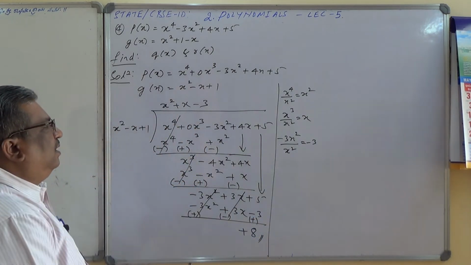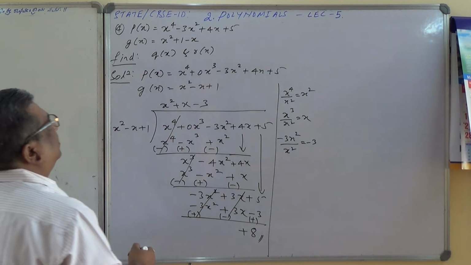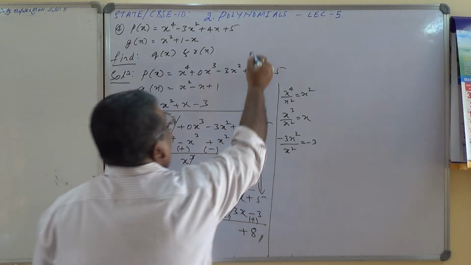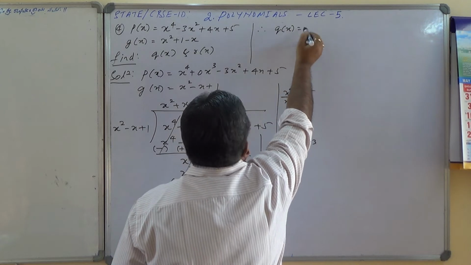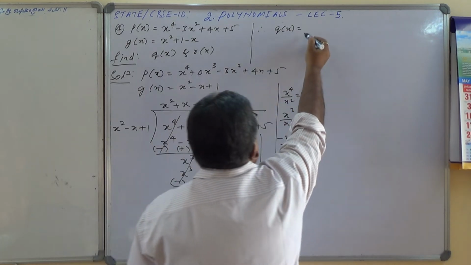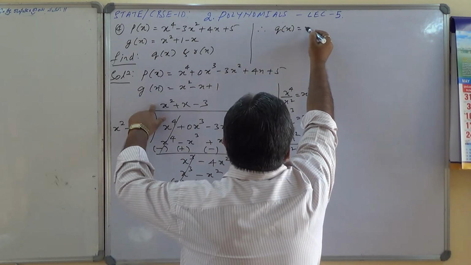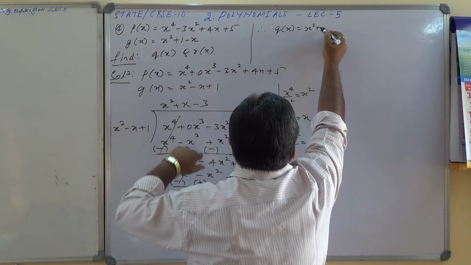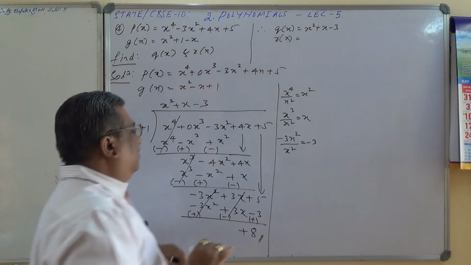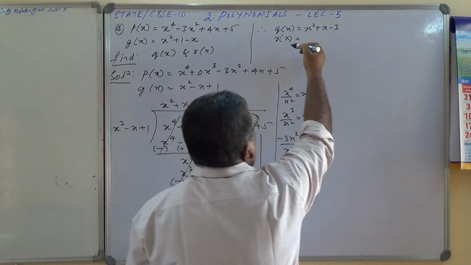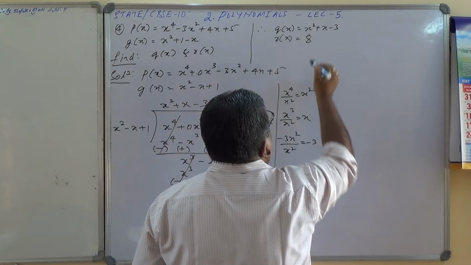And therefore, our answer to this question is q of x equals x square plus x minus 3, and r of x, the remainder, is 8. What type of polynomial is r of x here? Do you understand?